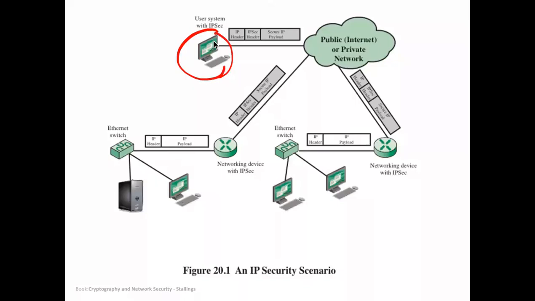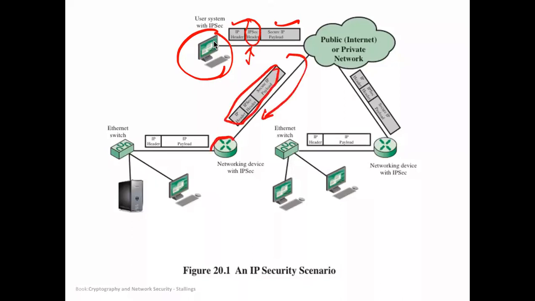You can see that your laptop is now generating a packet that has an additional field called the IPSec header. So you have the normal IP header, then the payload or data, and then the IPSec header, and it will go over the internet.